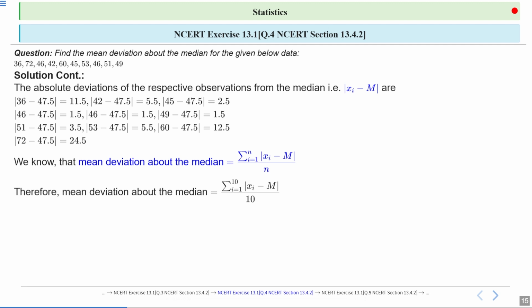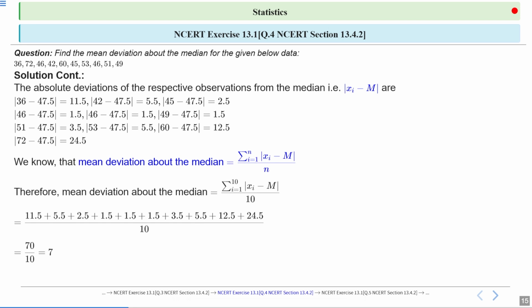Okay. Now let's add up all the absolute deviations: 11.5 plus 5.5 plus 2.5 plus 1.5 plus 1.5 plus 3.5 plus 5.5 plus 12.5 plus 24.5. Okay, and then we will divide this total by 10 to find the mean deviation.